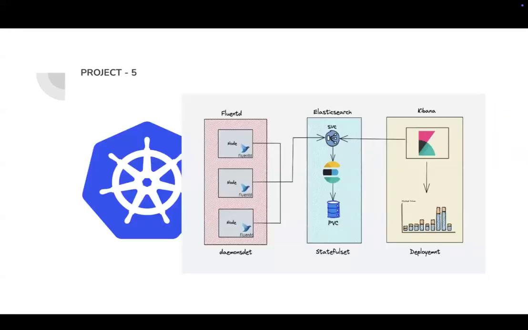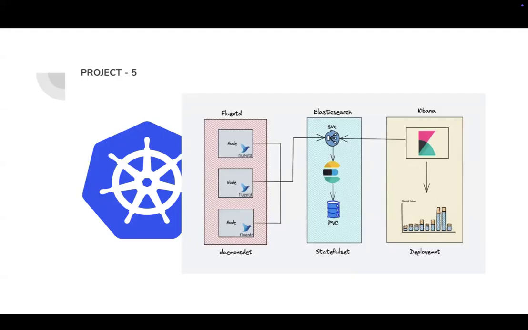The next part is project number 5, the EFK stack: how to centralize your logging. Suppose you have deployed your applications on the Kubernetes cluster. Those applications generate some logs, and those logs should be used by the developers in order to debug the new version of their applications.